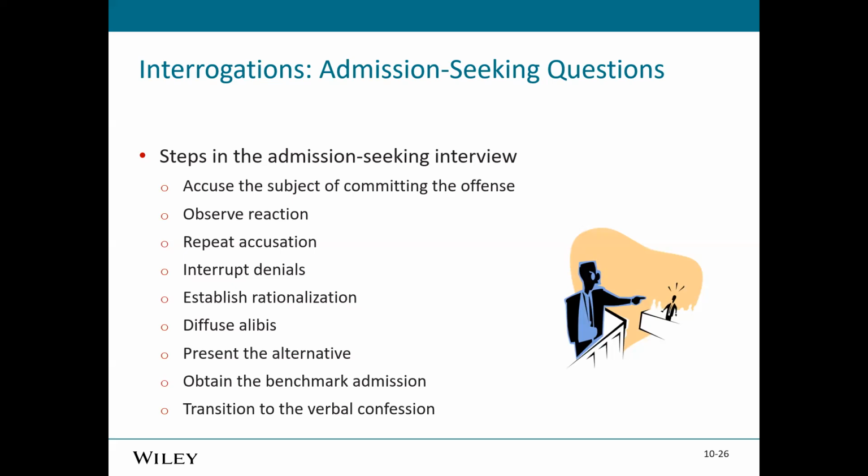That's where we're moving into obtaining that baseline benchmark. Any way they answer those alternatives, they are making that benchmark admission. They're not fully admitting what happened, but they're confessing kind of subconsciously in that benchmark confession.